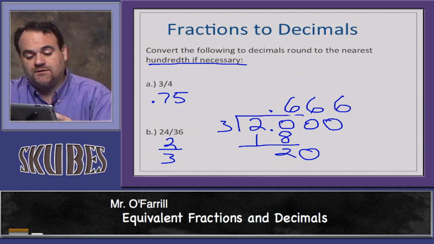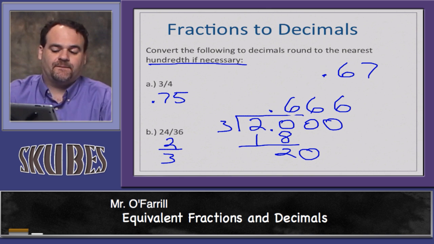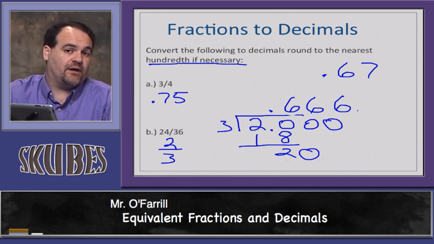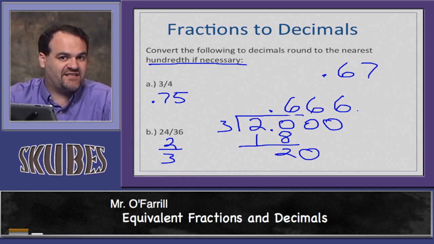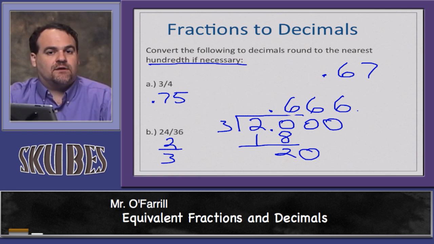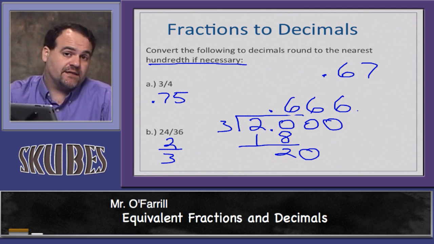Hundredths is 2 decimals, so it's 0.67, because this number 6 is larger than 5. We round up. So the number 24/36, or 2/3, is approximately 0.67, or it's exactly 0.6 repeating.